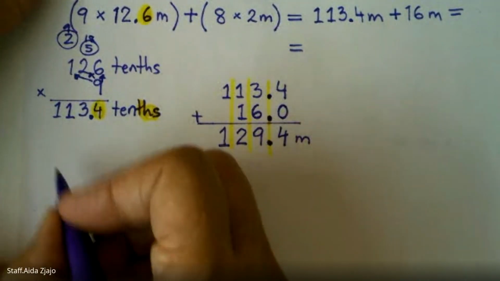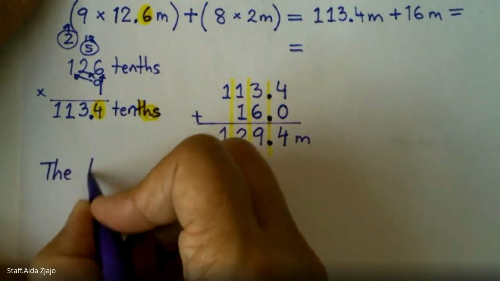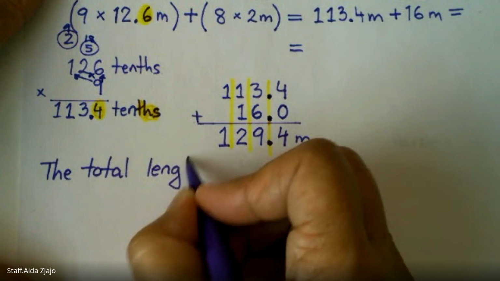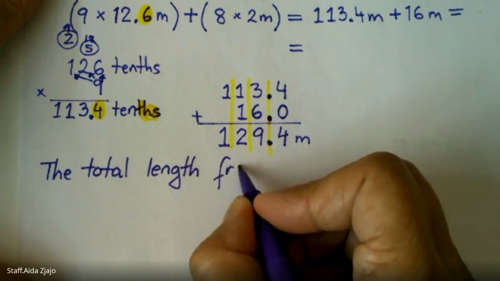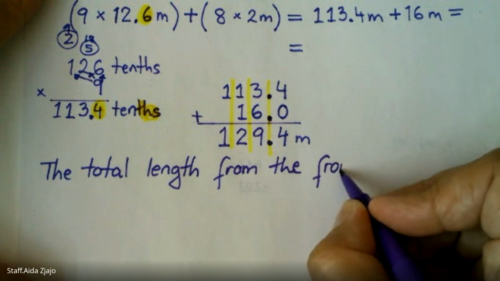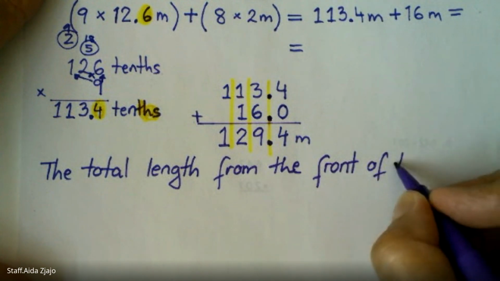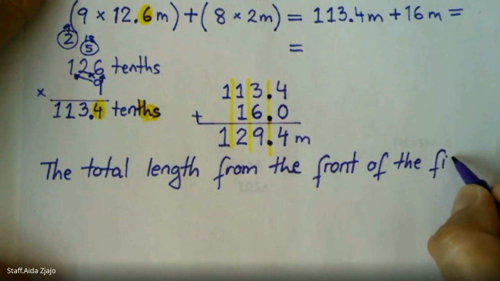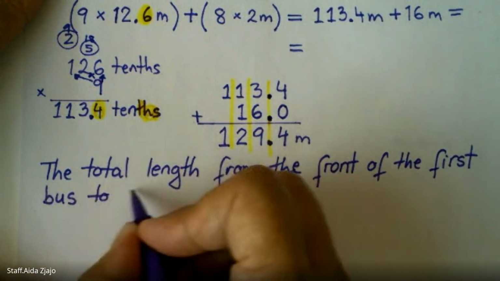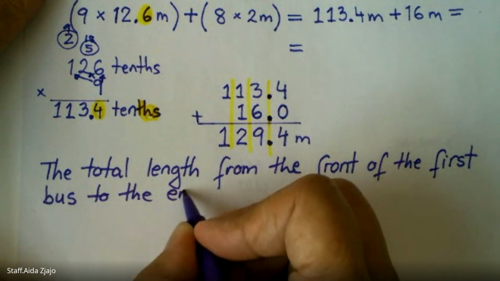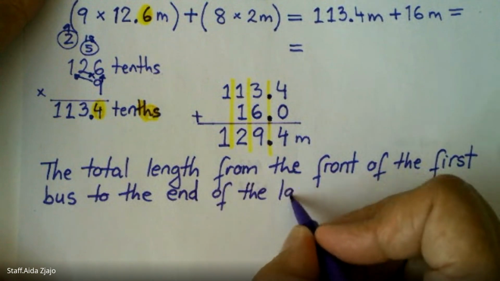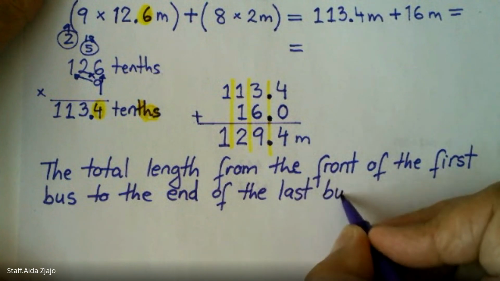The total length from the front of the first bus to the end of the last bus.